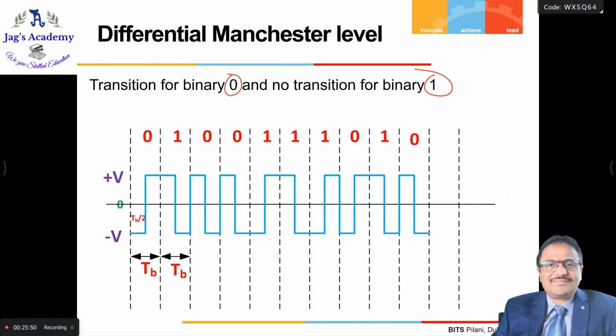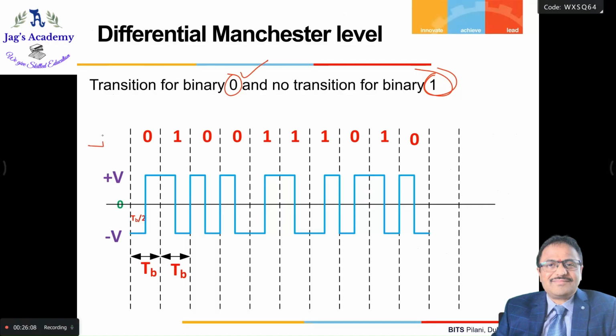Now, in the same way, here, there is a transition for 0. There is no transition for 1. See, how does it look? See here. Now you have to tell me what the previous one is. 0 means there is a transition.